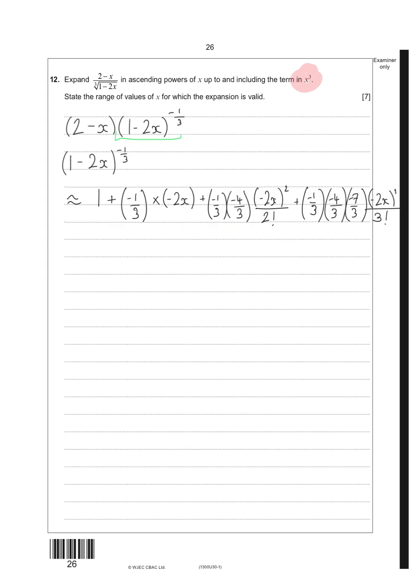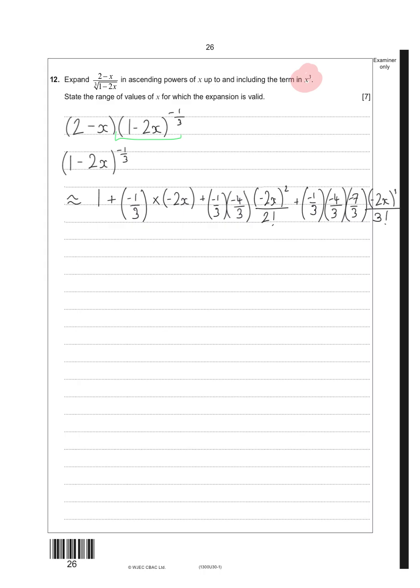Plus 2/3 of x, and then in my next term I've got 1, 2, 3, 4 factors of 2 in the top and 1 in the bottom, so they're going to cancel, so I'm going to get 8 on the top, 9 on the bottom, and it's going to be positive, so 8/9 of x squared.